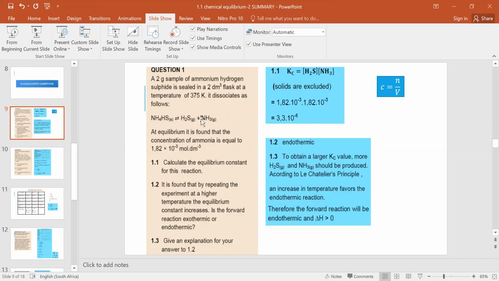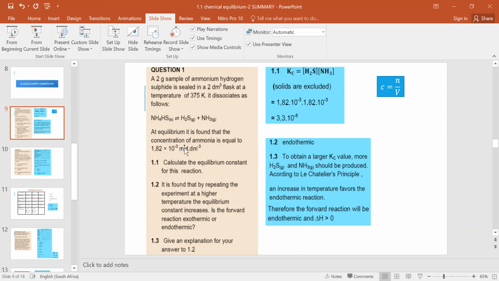So what is the mole ratio between NH3 and H2S? 1, as you can see from the formula. So if I produce 1.82 times 10 to the power of negative 3 moles of NH3, how much H2S will be produced? 1.82 times 10 to the power of negative 3 moles, okay?